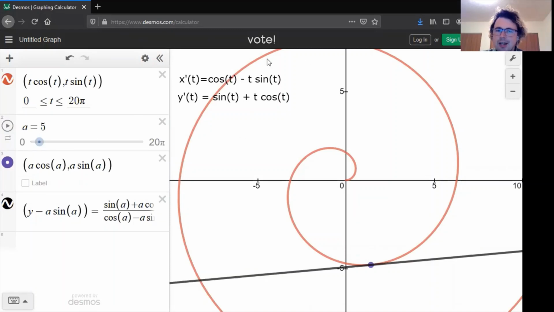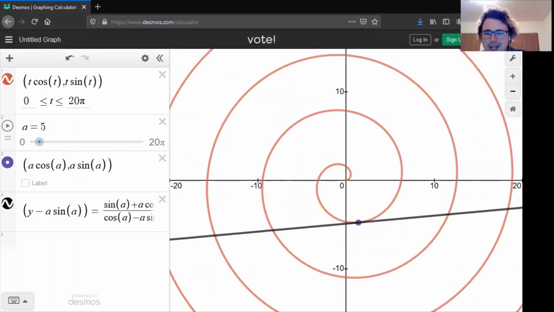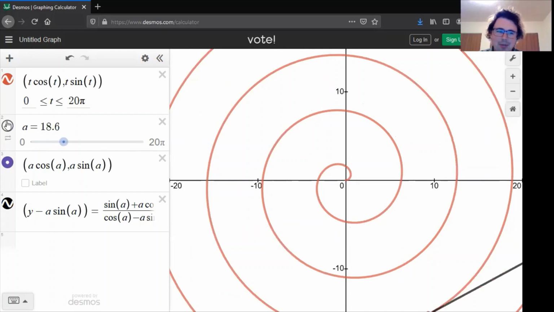this tangent line. And of course, because it's Desmos and because I can animate these things, I can have the purple point move around this spiral all the way along, dragging this tangent line. Maybe a little bit slower than that. There we are.